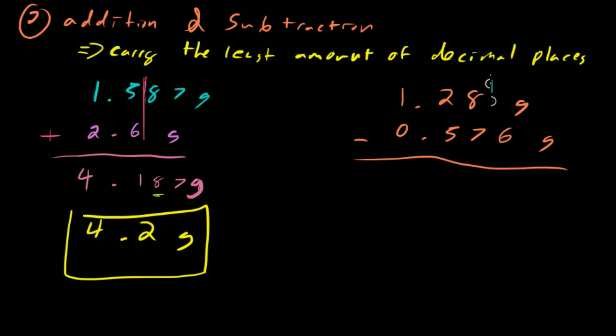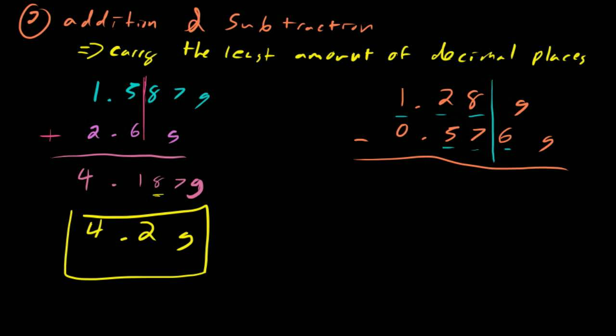We would only have 2 decimal places. Even though each of these has 3 significant figures, both measurements have 3 significant figures. The way we are going to report this is by taking the least amount of decimal places.